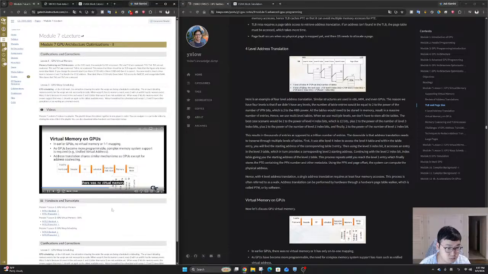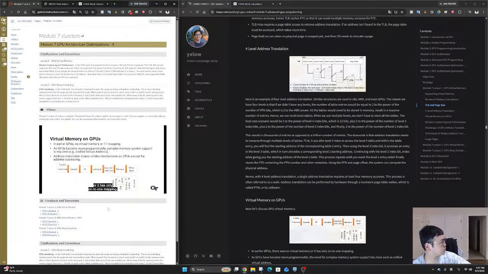There was no virtual memory, or it had only one-to-one mapping. As GPUs have become more programmable, the need for complex memory system support has risen, such as unified virtual address. Address translation shares similar mechanisms with CPUs, except for address coalescing.